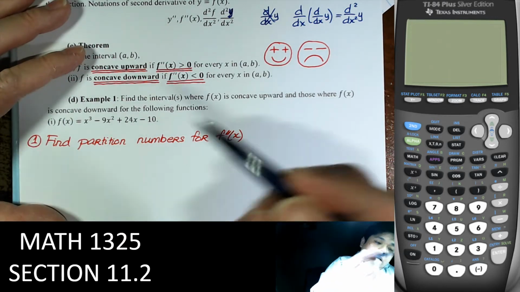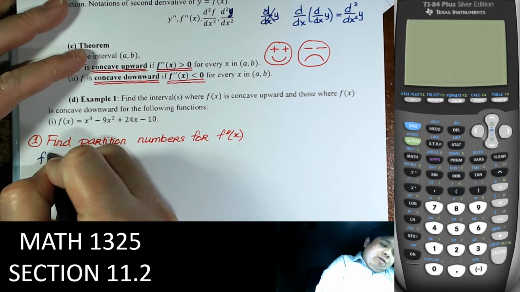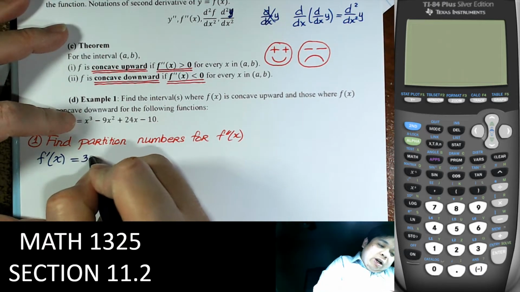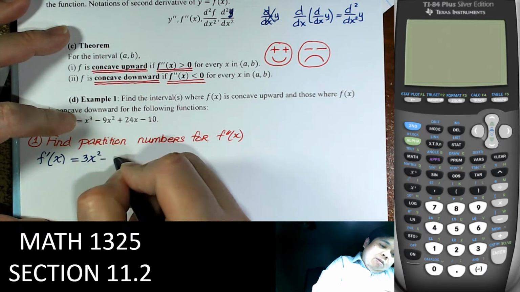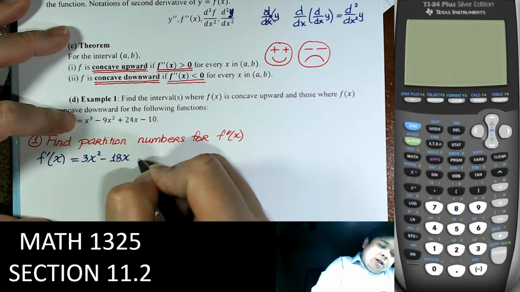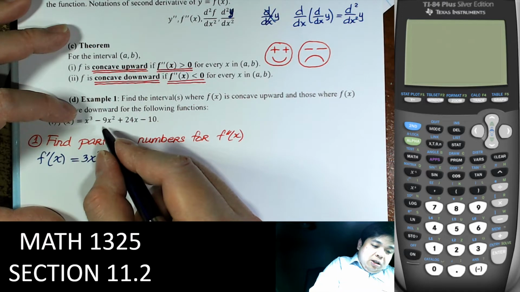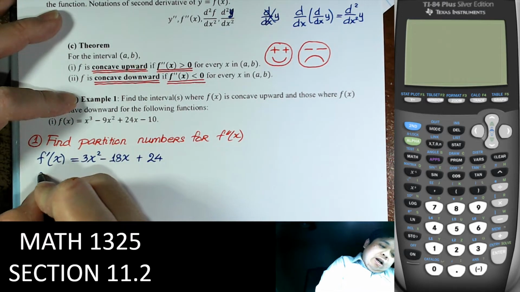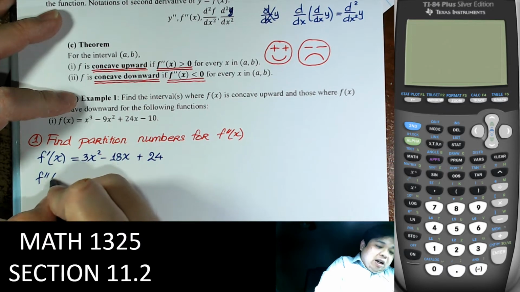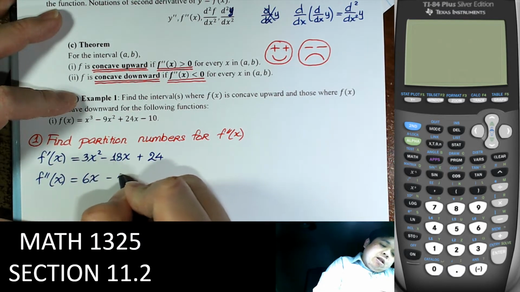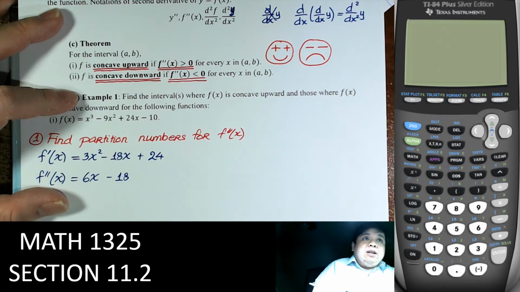Naturally we take the first derivative, 3x squared minus 18x plus 24, and then find the second derivative, which is the derivative of that again, giving us 6x minus 18, and that's it.